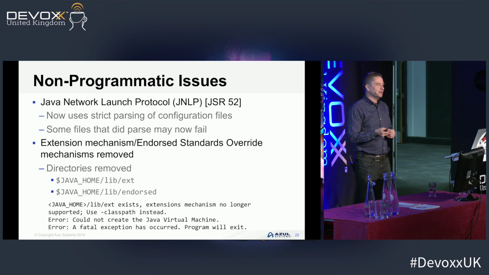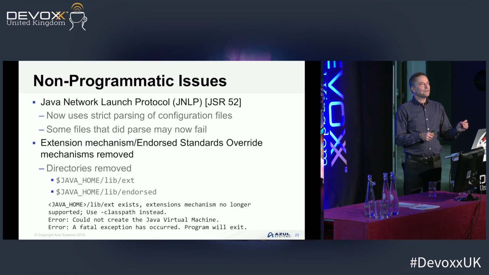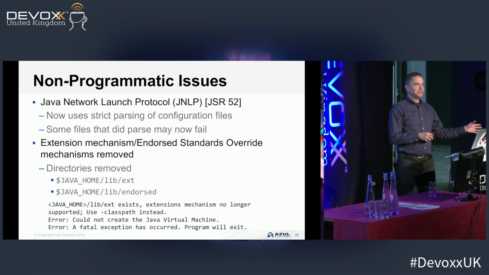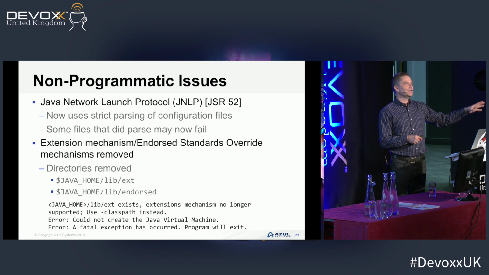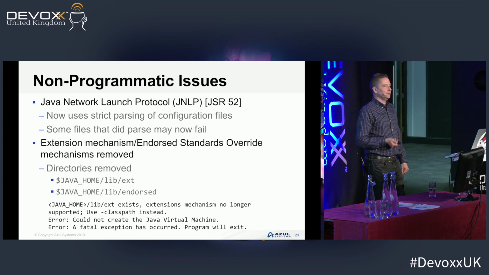So if you try and do that, you'll actually get an error message saying, no, you can't do that. And certainly the ext directory, if you've done JNI coding in the past, you used to put dynamic libraries for the platform in that directory. Don't try and create it in JDK 9 or later, because it will stop your JVM.